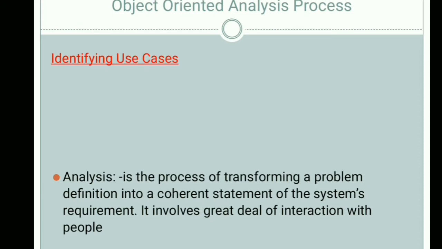And that's why analysis involves interaction with people. So the people are nothing but the stakeholders that are going to use the system. And that's why identifying use cases plays an important role in the object-oriented analysis process.